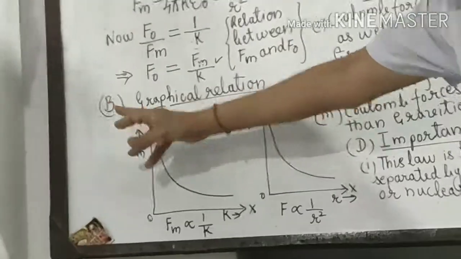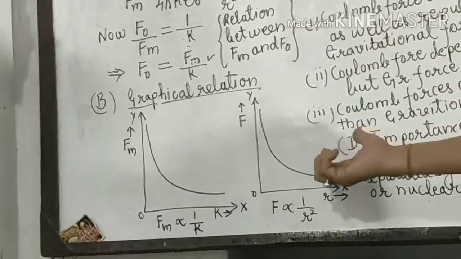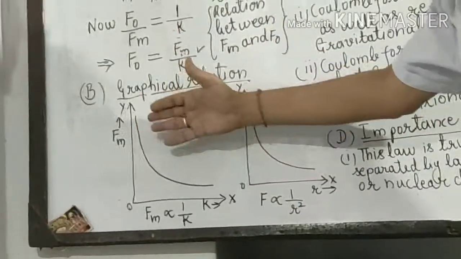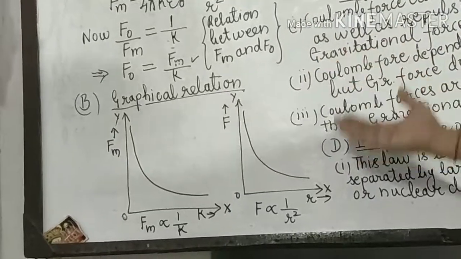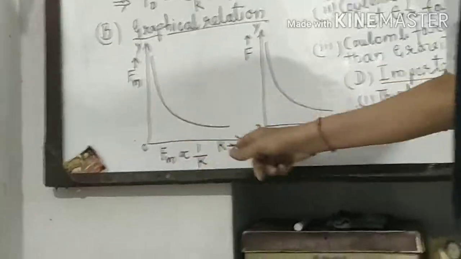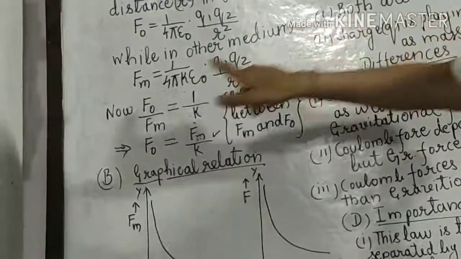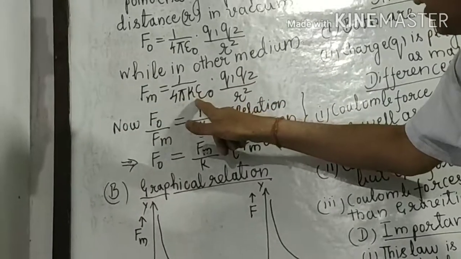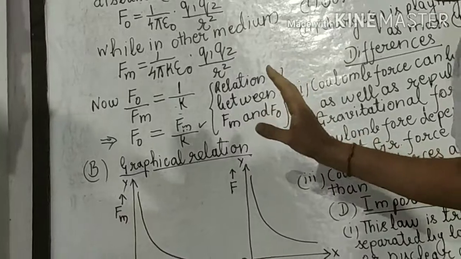Now this is the B part. It gives the graphical relation between electrostatic force and dielectric constant, or electrostatic force and the distance between the charges. From this equation, what is the relation between Fm and K? They are inversely proportional, others are constant.